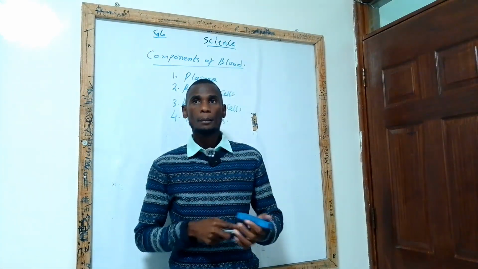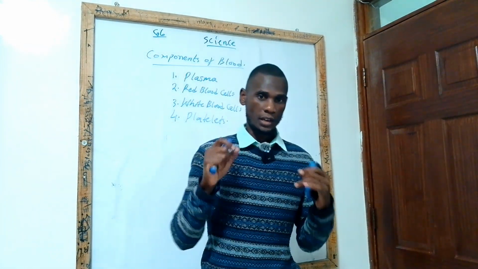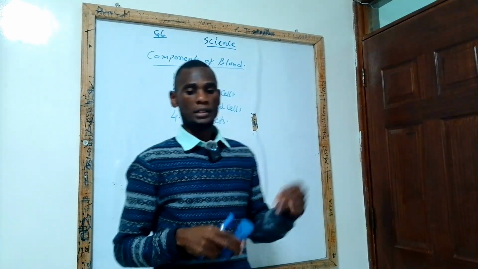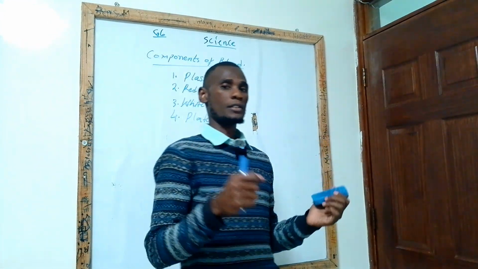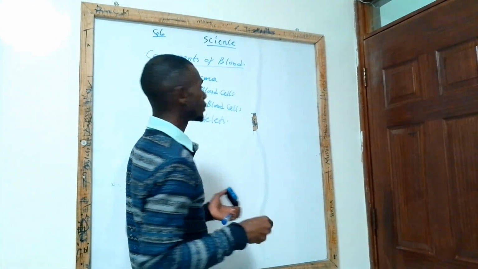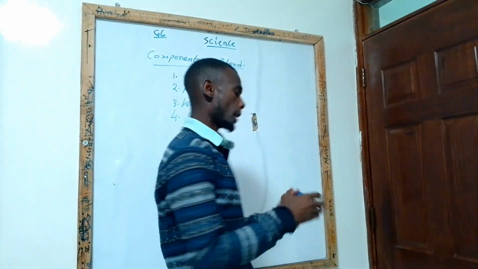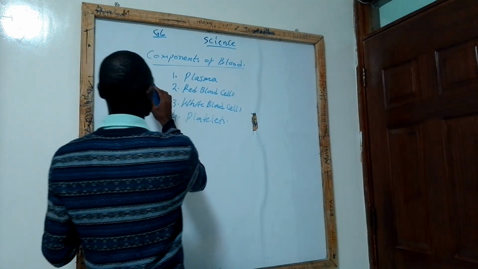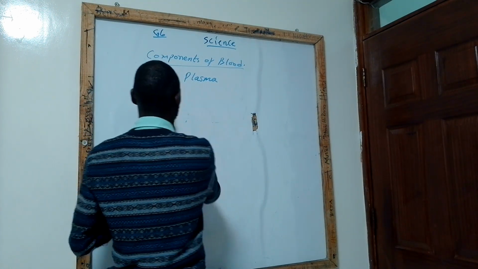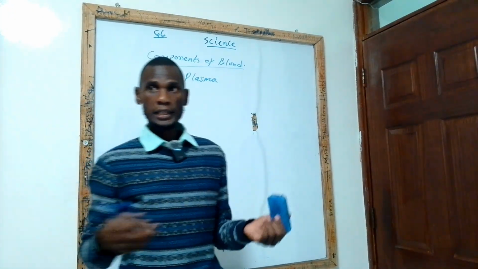Now, these four components of blood perform different functions in our bodies, and that is what you want to look at. The functions of the four different components of blood. So let's start with the first one, the plasma. What is the function of the plasma in our body?